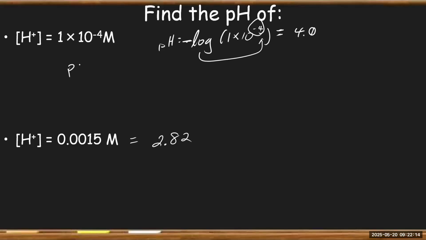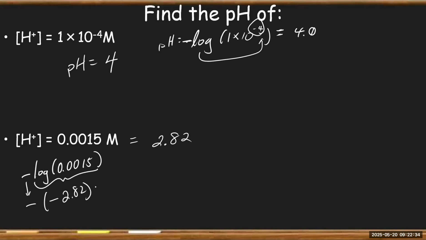Whereas this one is pH equal to 4. It's that easy, right? How do you solve this? Negative log of 0.0015. That brings up a value like that. That's what gives you that value, okay?